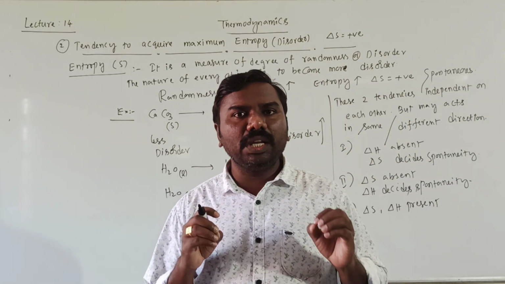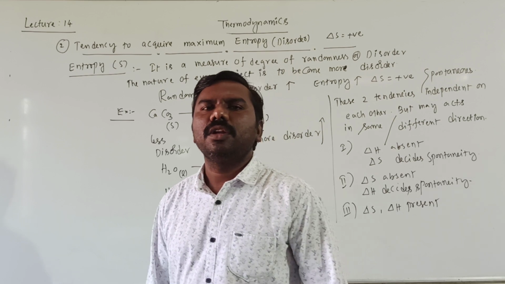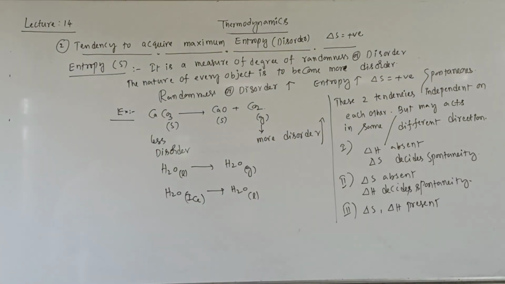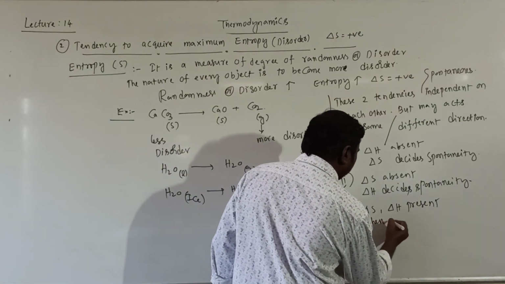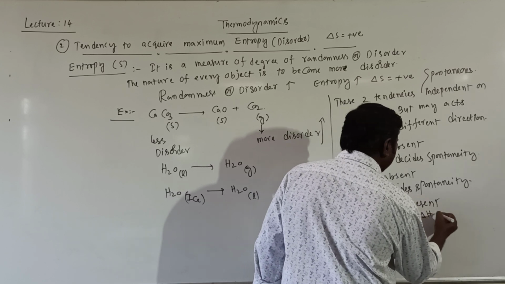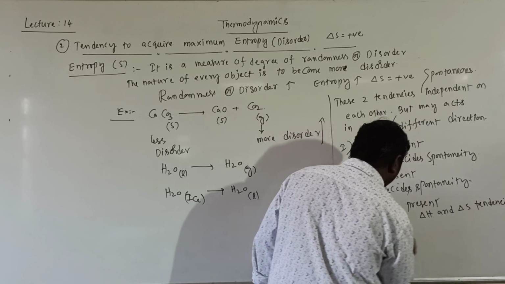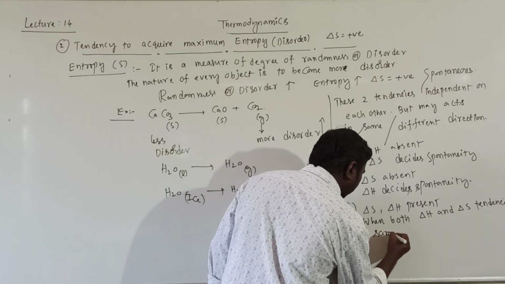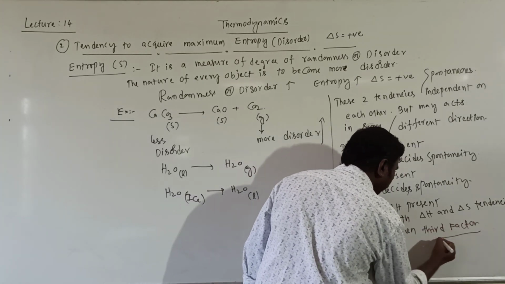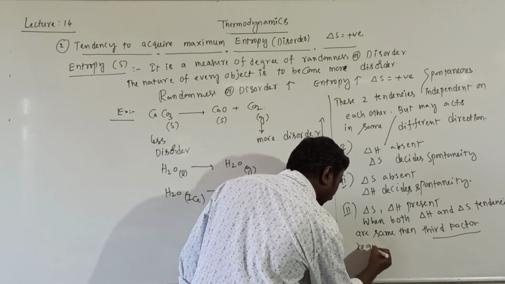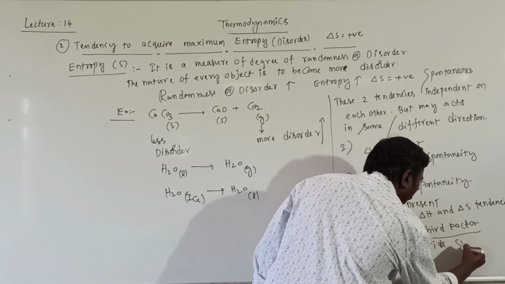In that case, we need a third factor to say whether the reaction is spontaneous or non-spontaneous. When both delta H and delta S tendencies are the same, a third factor is required to decide spontaneity.